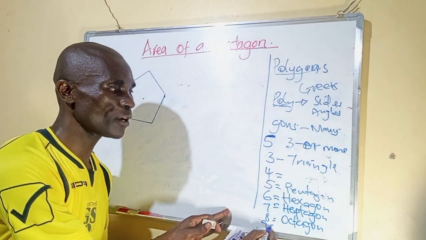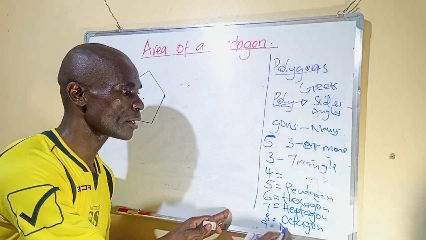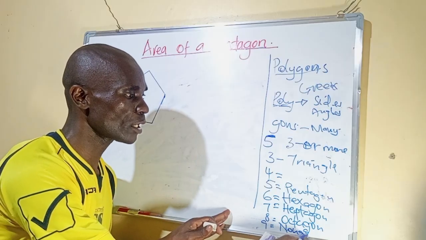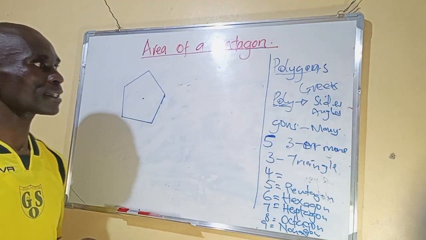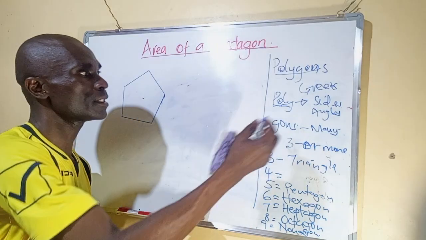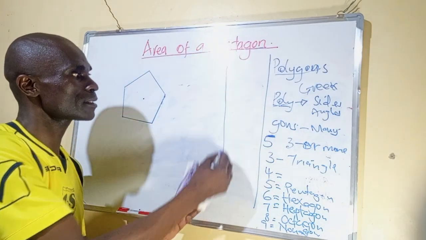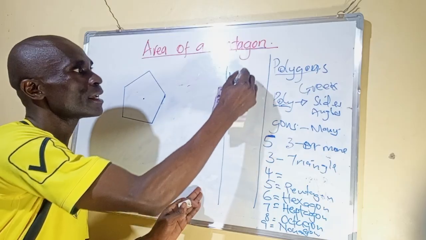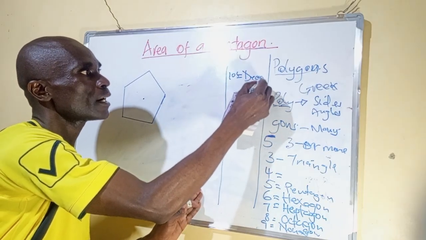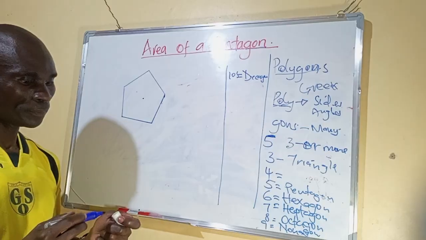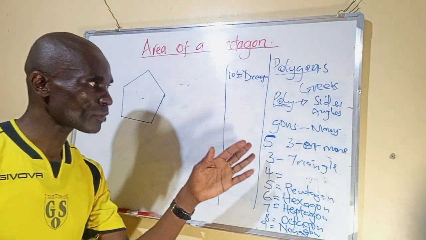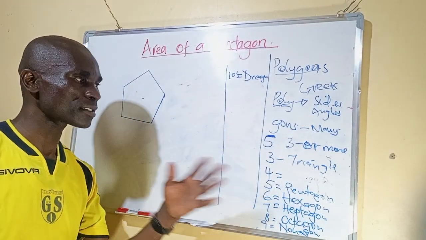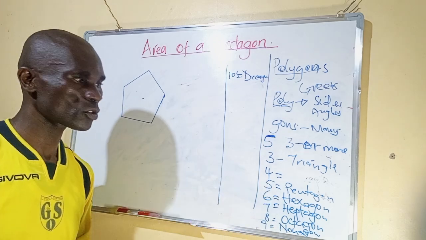Nine is referred to as nonagon. So nonagon is a nine-sided figure, and then a 10-sided figure is known as decagon. So we have three, four, which are several. We have five pentagon, and so on and so forth.